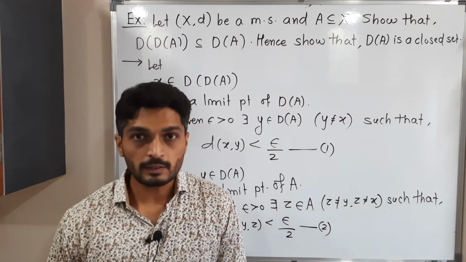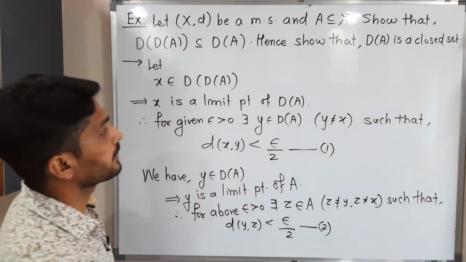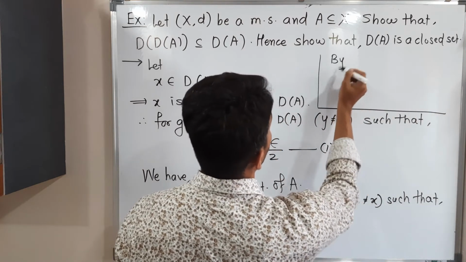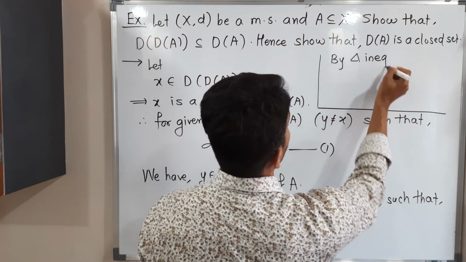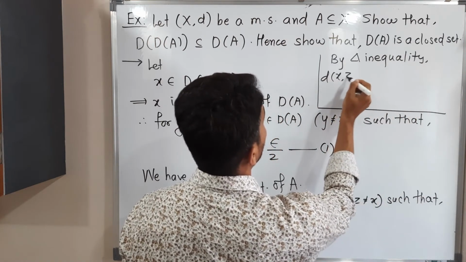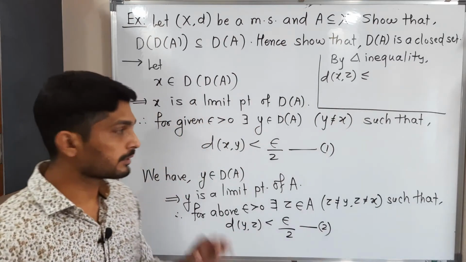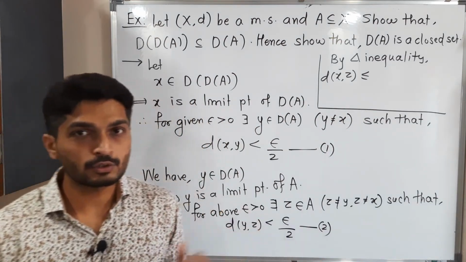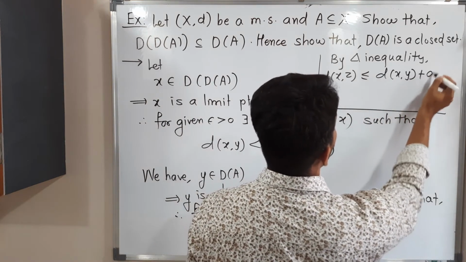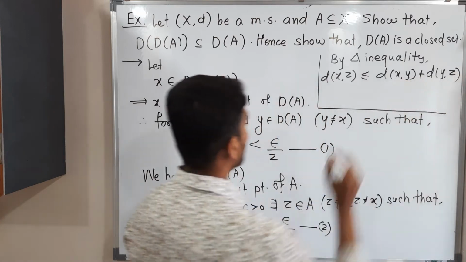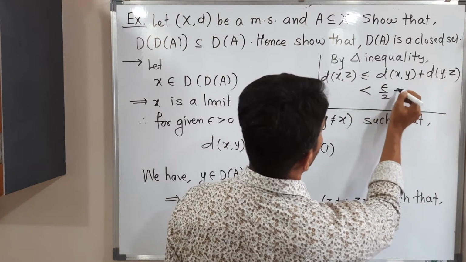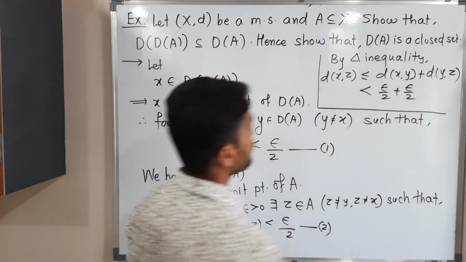You remember the triangle inequality? Let us use the triangle inequality here. By the triangle inequality, what can we write? We have 3 points, x, y and z. d of x, z is less than or equal to d of x, y plus d of y, z. d of x, y is less than epsilon by 2, right? d of y, z is also less than epsilon by 2, from 1 and 2.